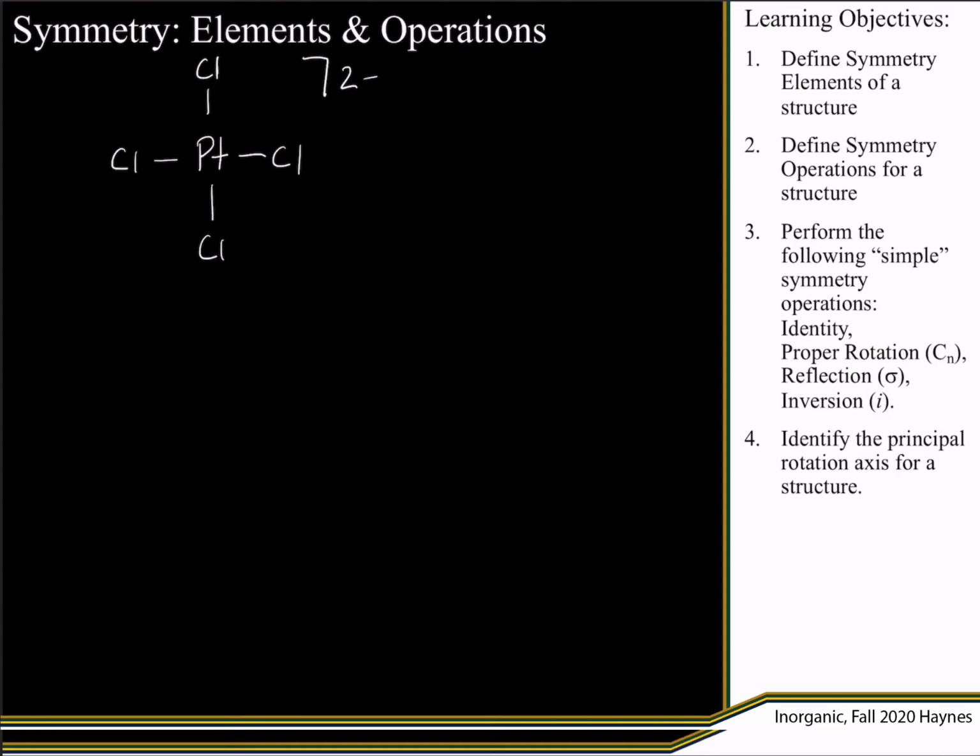We haven't talked about what makes something square planar, but maybe you've noticed the pattern so far. If we have a 4-coordinate complex that is d8 and 16 electrons, square planar becomes an electronically favorable coordination. So this will be our square planar complex, and we're going to use this example to describe our symmetry operations.